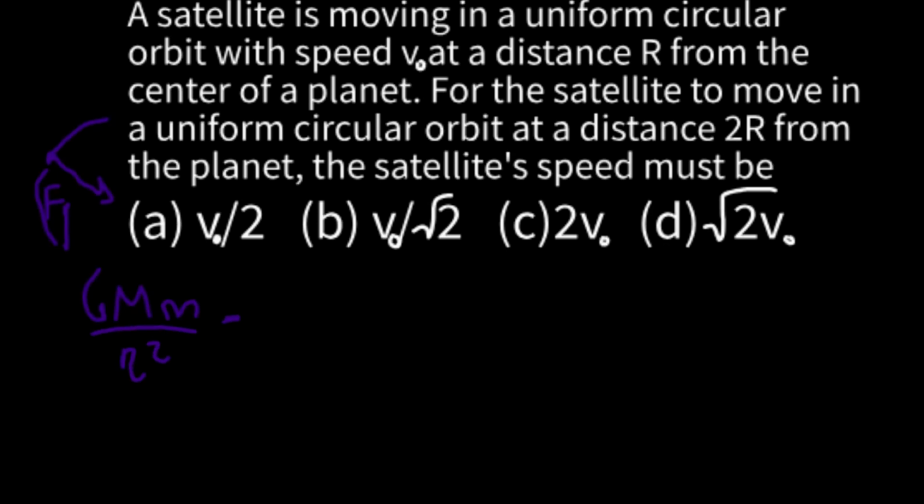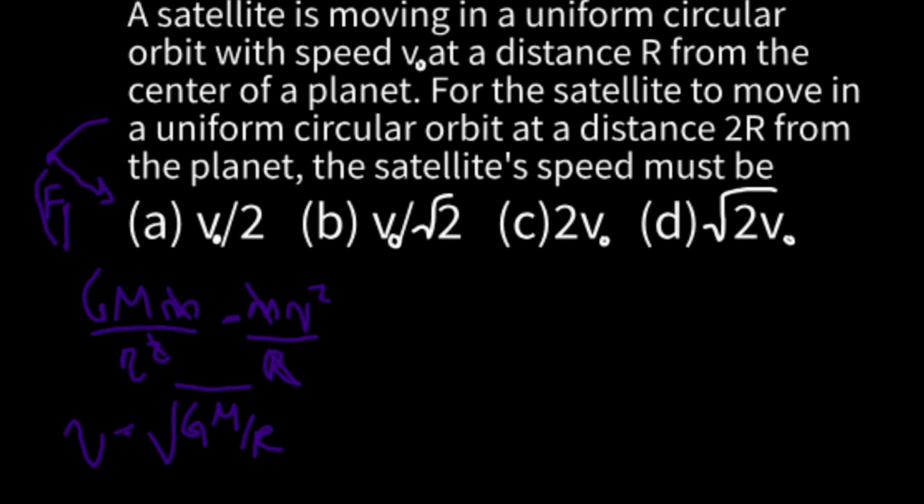By F equals ma, we then get mass of the satellite, speed squared, divided by radius. We can divide both sides by the mass of the satellite and multiply by the radius of the orbit, and then we get that its speed equals our gravitational constant times the mass of the planet divided by the radius of orbit, and we take the square root.